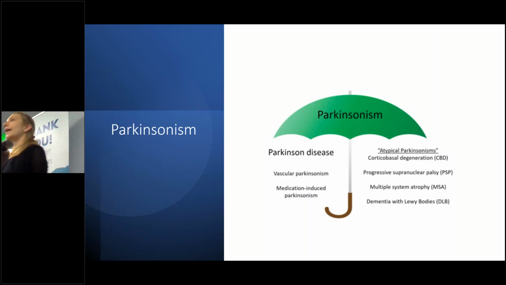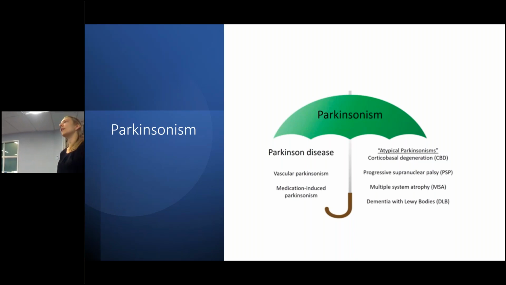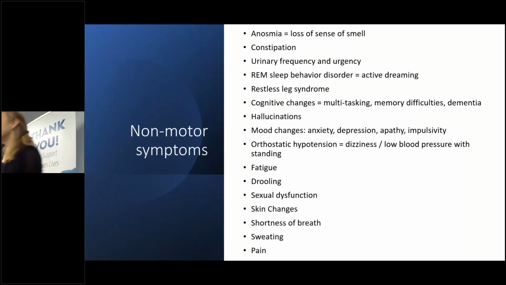Usually, to talk about the atypicals, you need a whole other 2-hour lecture. So I'm just going to tell you that those have what we call red flag signs of early cognitive impairment, early bladder dysfunction, severe bladder dysfunction, early and severe blood pressure dysregulation, severe constipation. Confusing for you, then I'm doing my job. Okay. All right, I know, sorry.